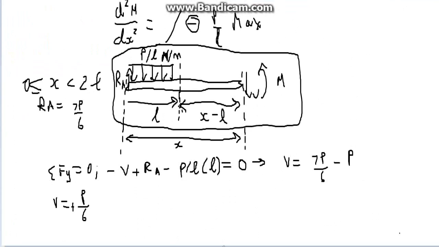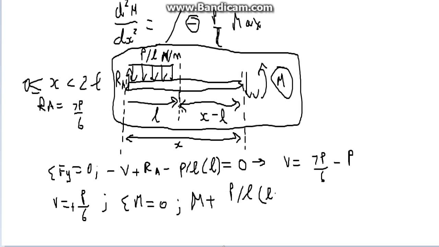What about the moments, however? There's always moments along, so let's just quickly do this. Sum of moments equals 0. Starting off, remember guys, just look at the previous parts of this video to find out what we're doing. So positive m plus p on l multiplied by the distance of l multiplied by, to get to the point load of the distributed load, it's an l on 2 here, but what about this part?